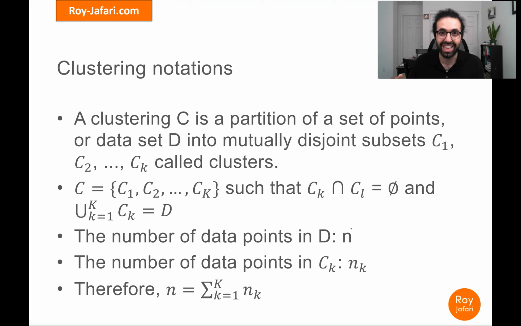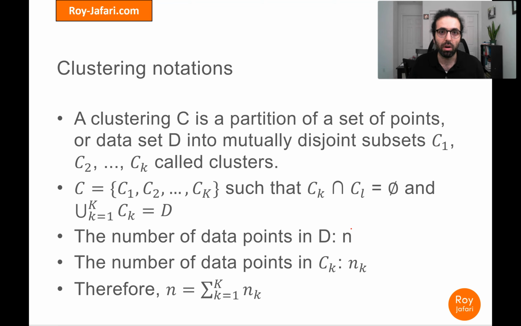So I've got K clusters. And these clusters are such that the intersection between each two of these clusters from C1 to CK is empty, which means that there is no data object that is a member of more than one cluster.